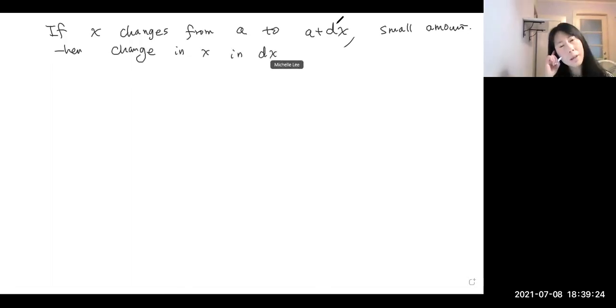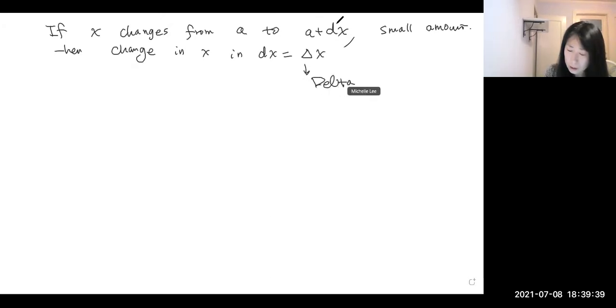In this case, dx is the same as delta x. So we read this one, delta x, in Greek.